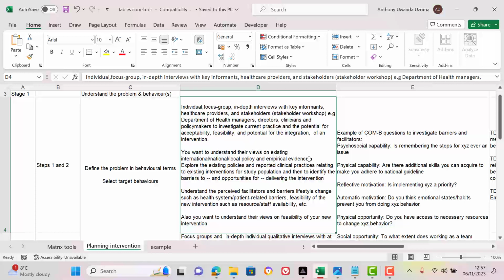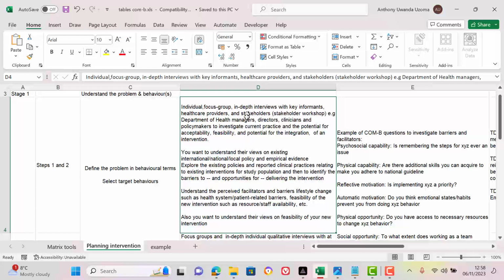For example, in this tutorial, the population can be pregnant mothers, and you are planning an intervention to increase the uptake of malaria screening in pregnancy in low income countries. I'm just assuming that. So now you need to explore the relevant policies.